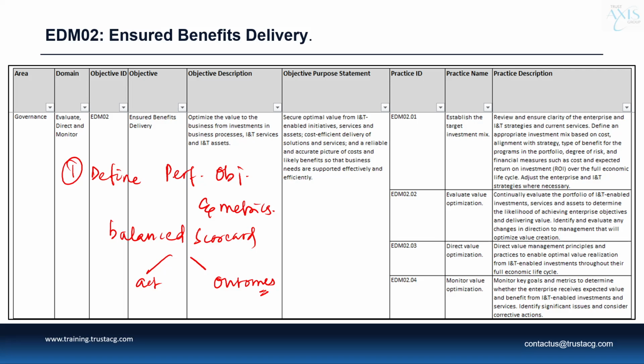The outcomes can be financial, the outcomes can be non financial as well. What are the leading indicators? What are the lagging indicators? All those metrics need to be identified. And this gives you a 360-degree view of the overall performance and the value creation.